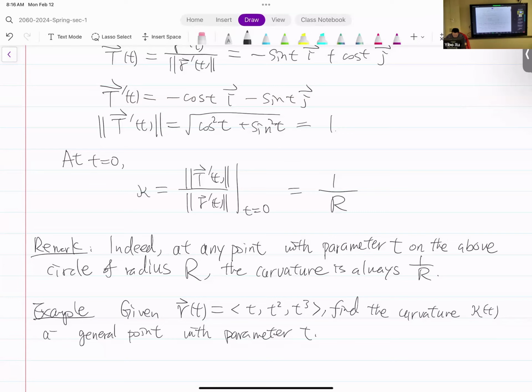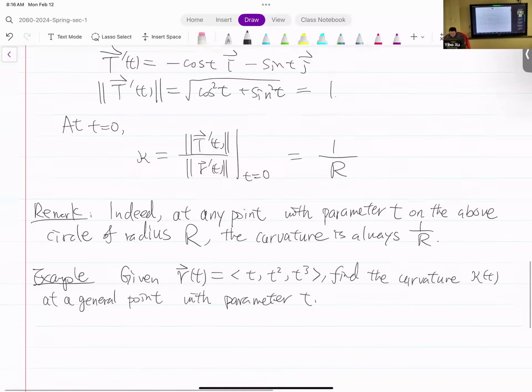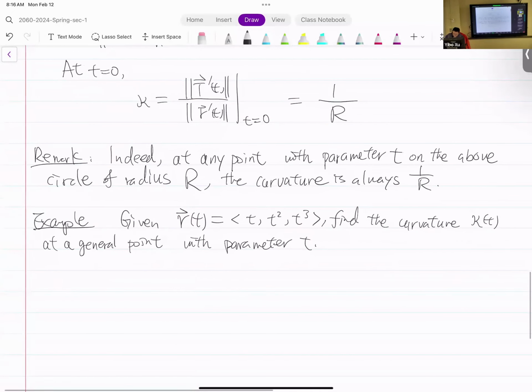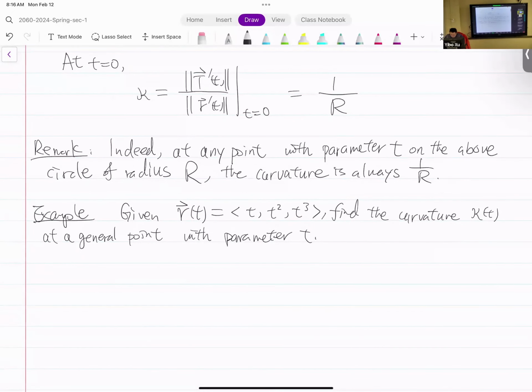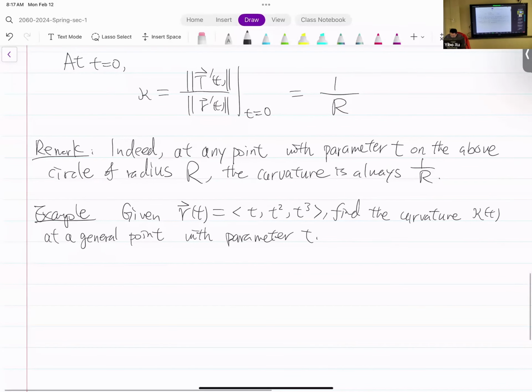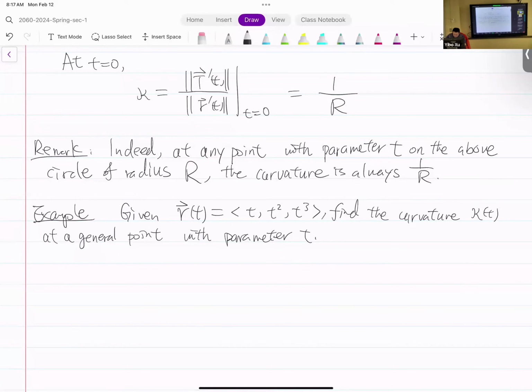Let's follow the process. So little r is just a polynomial, it just has polynomial entries, so it shouldn't be very complicated when we do the tangent direction.